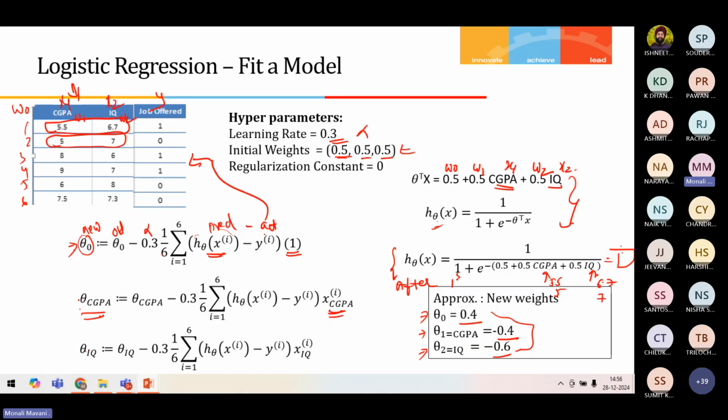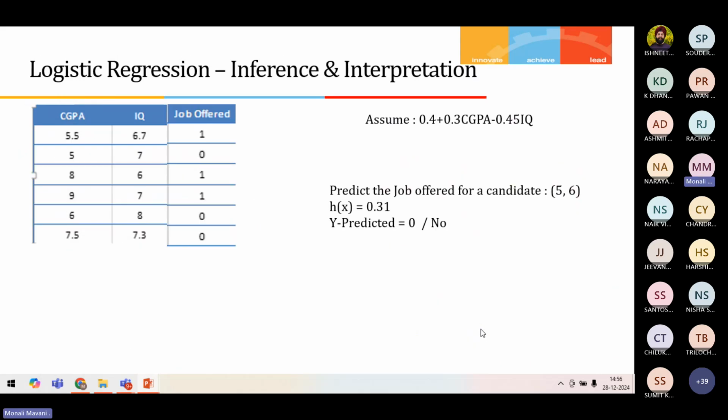Now say after certain iterations this is what we are getting as the final values of the thetas of gradient descent. Use it for inference. So some new candidate is coming with a CGPA of 5.